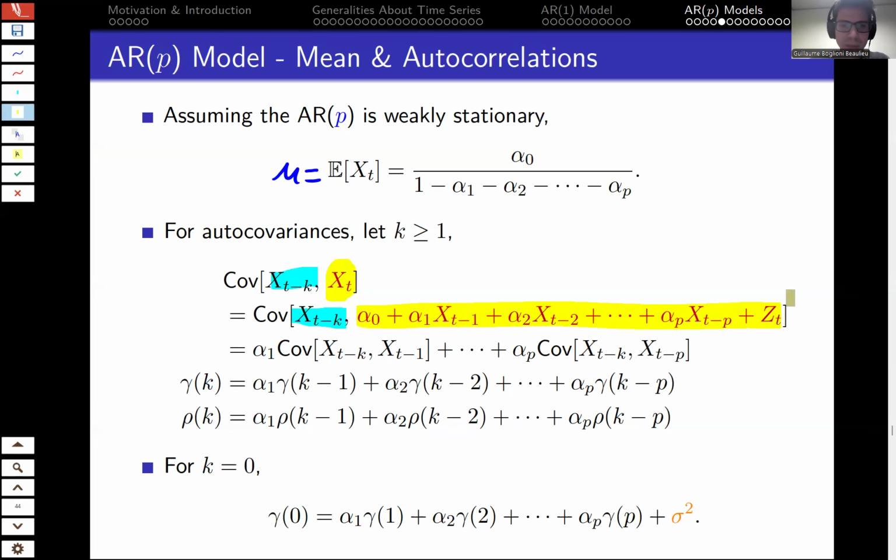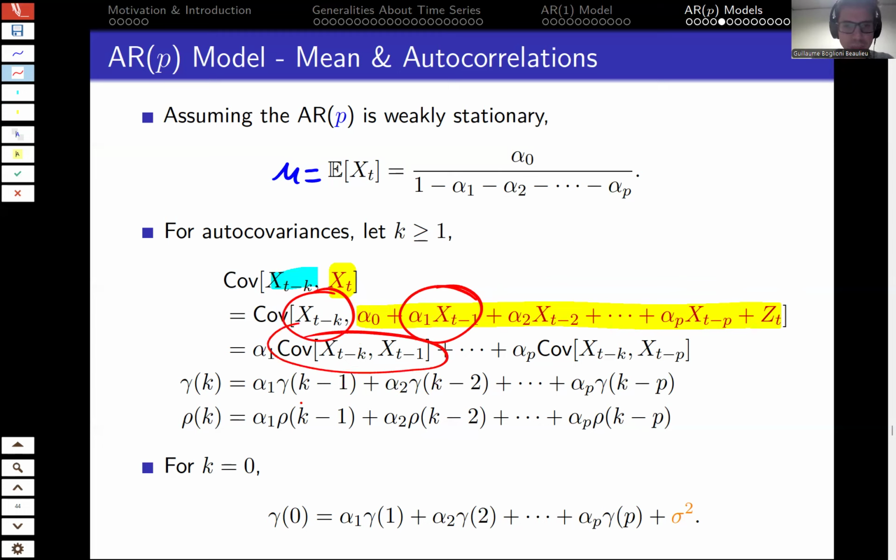And now that you have that, you can simplify this covariance by taking all the cross terms. The covariance between this and this whole sum will be the covariance between this and the first term, and this term, because the covariance between a random variable and a constant is 0. So the first term will be the covariance between this and this, which is this.